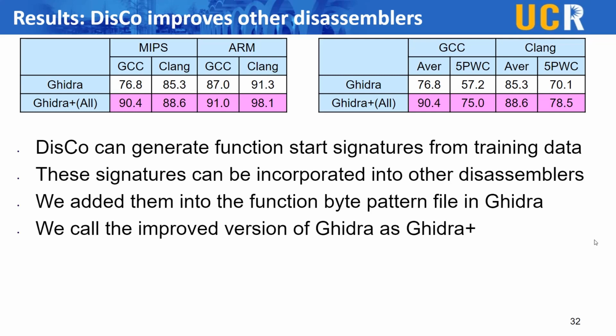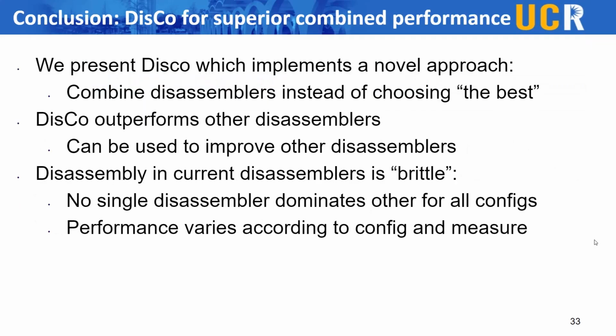So you can see that Ghidra Plus actually gives us better and more consistent results compared to Ghidra. And again, if you look at the table on the right, you can see that when we use Ghidra Plus, there is an improvement of up to 18% for the 5 PWC scores. So again, we can see that Ghidra Plus is able to offer more stable and good performance.